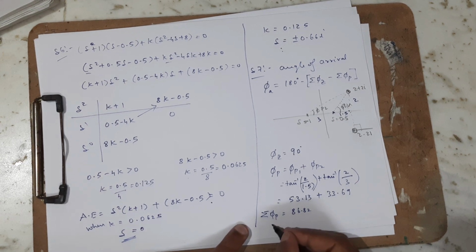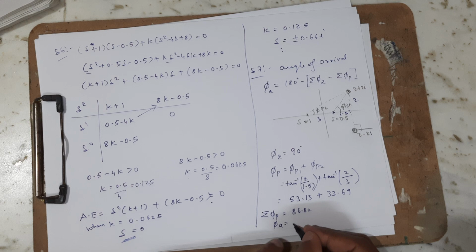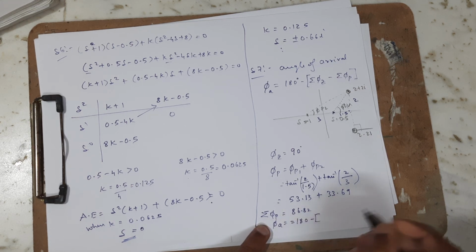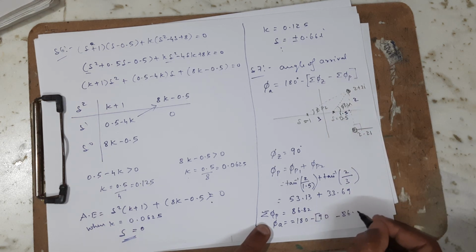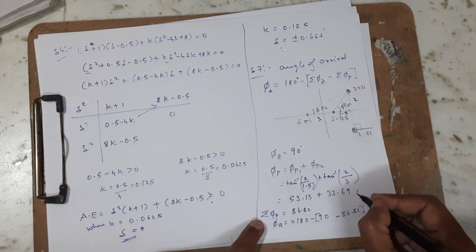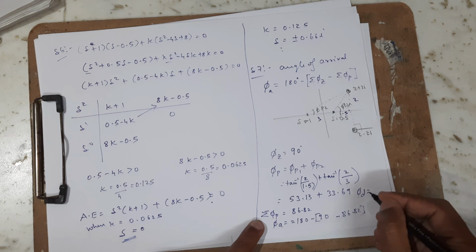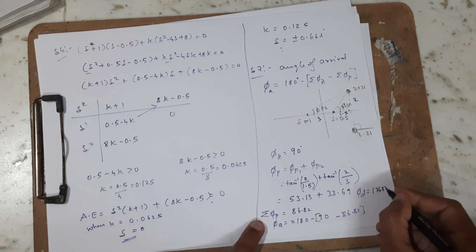So I am going to find out the angle of arrival, that is equal to 180 minus summation of poles plus phi z, which is 90, minus 86.82. So I arrive at angle of arrival is equal to 176.82.